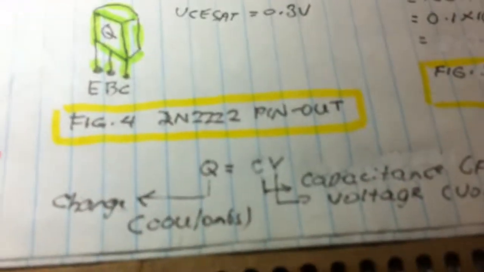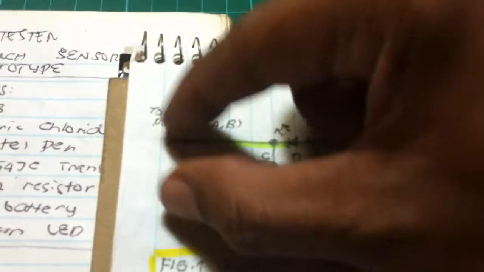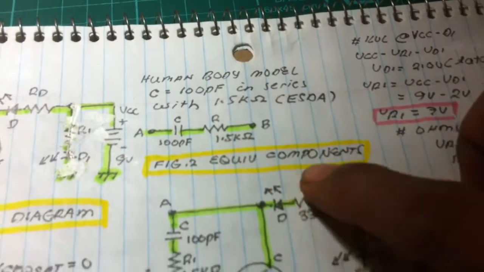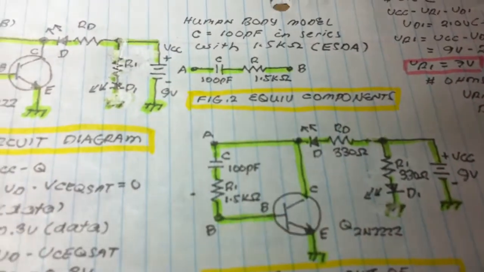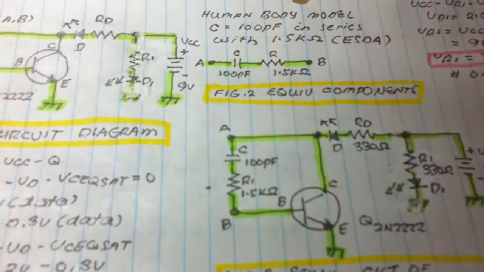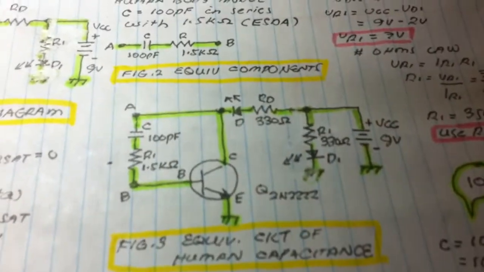That is the formula for charges. In replacement of our hand, we are going to replace it with the equivalent human body model components. So we connect a capacitor and a resistor to the base instead of just touching. The touching is equivalent to connecting the capacitor and resistor in series. Once you connect that, the LED turns on.